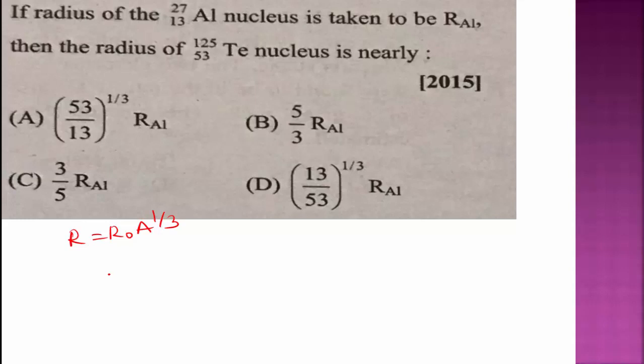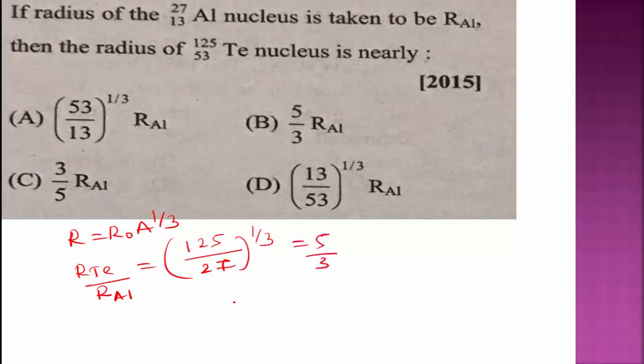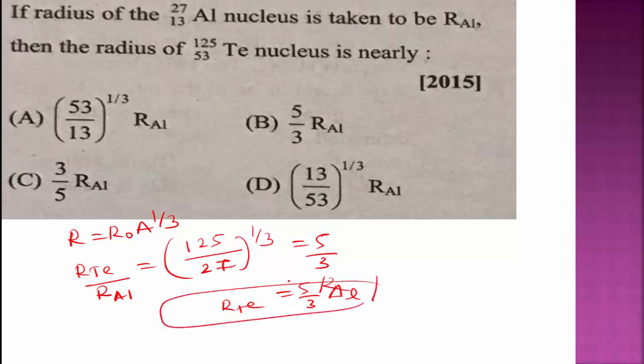It is the formula to find the radius of the nucleus. But here the ratio of the radius for Te and the radius for Al is equal to 125 divided by 27, whole to the power of 1 by 3. We get the answer 5 divided by 3. Then the radius for Te is 5 by 3 into Al. Option B is the right answer.